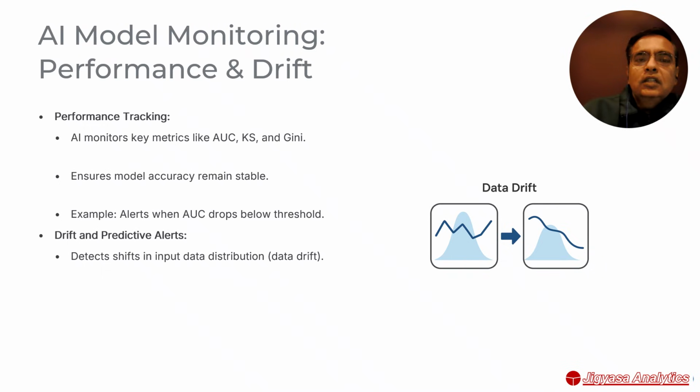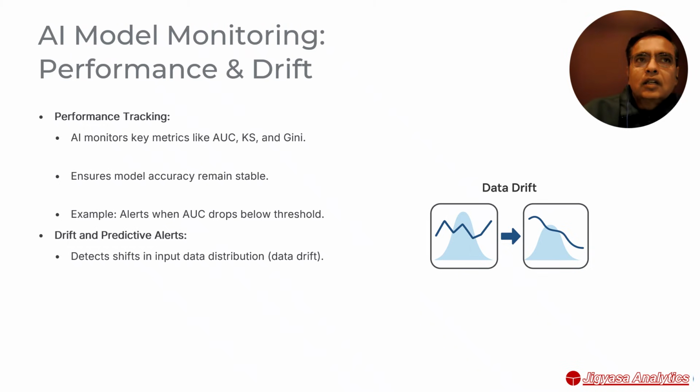So the drift in data means that the underlying distribution of your data has changed. For example, your credit profile has changed, or if it's business to business, the typical type of businesses you are lending to has changed, and some things might creep in without you understanding.